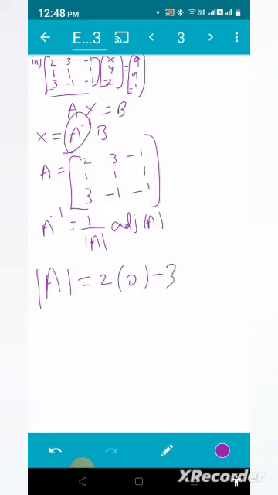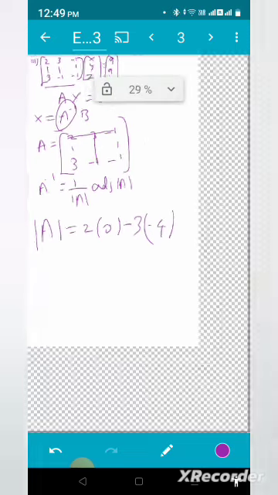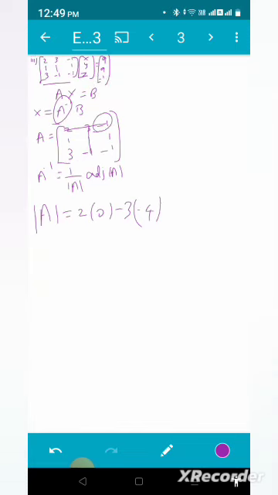Minus 3, because the coefficient values are plus minus plus. So I put minus 3 here. Minus 3 into corresponding row and columns are get cancelled. Minus 1 minus 3, that is minus 4. Then similarly third one, minus 1 into corresponding row and columns are get cancelled.